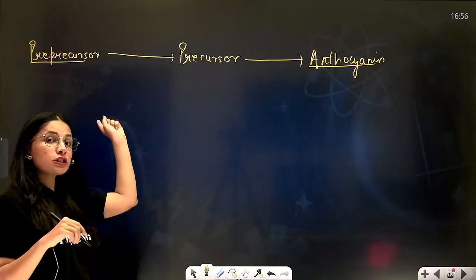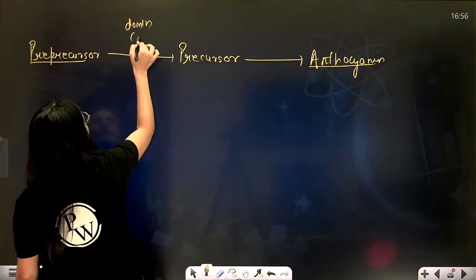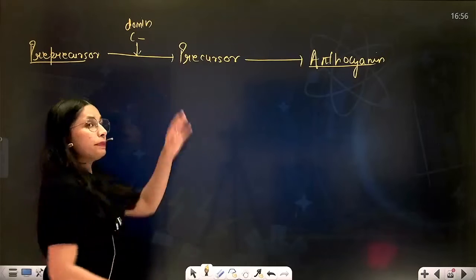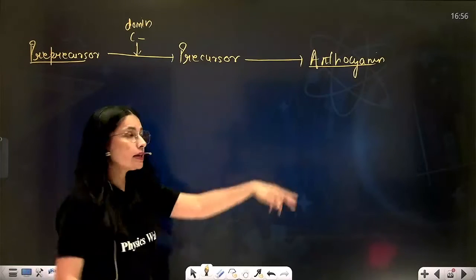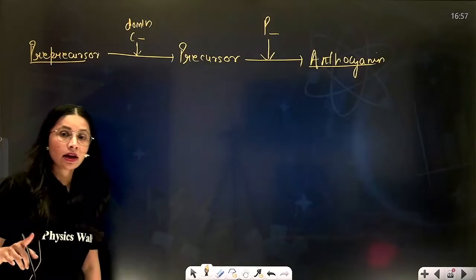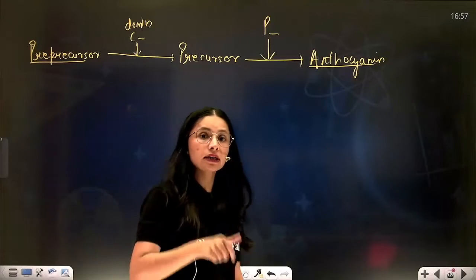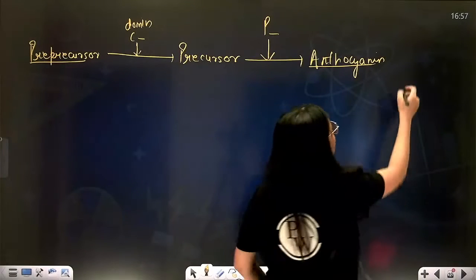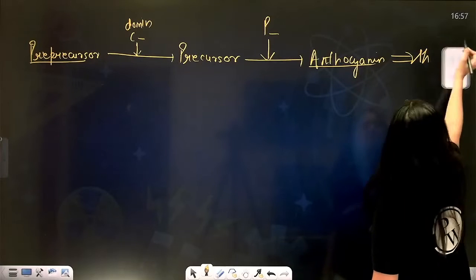Now, to change the pre-precursor into precursor, dominant C is required, maybe in homozygous or heterozygous state. Now, the precursor is formed, but to form anthocyanin, the precursor requires the dominant P gene. That means when both genes are present in dominant state, only then will the pre-precursor change into precursor, the precursor change into anthocyanin, and then the flower color will become purple or violet.